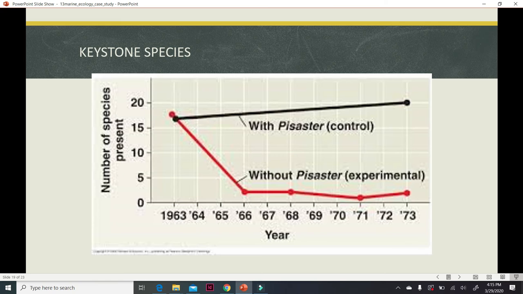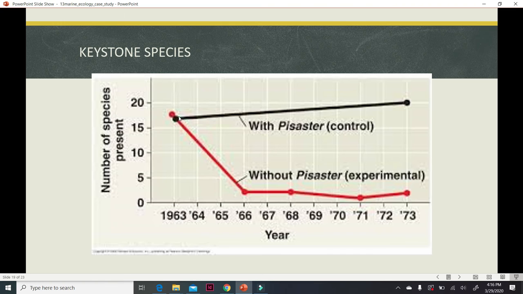So let's look at what happened over time. On our x-axis, we have time, and on our y-axis, we have the number of species present. Another word that we use to describe the number of species present, or the diversity of species, is richness. Species richness. So here we have the number of species that are found in his plots.